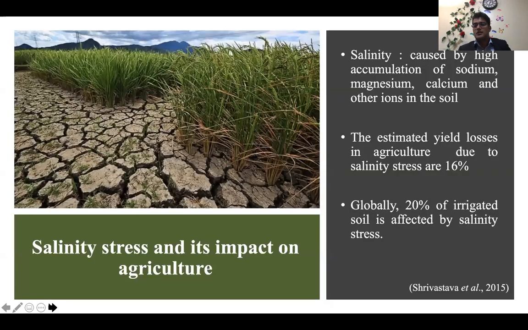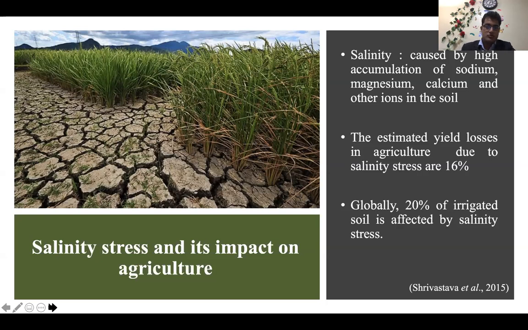So salinity is mainly caused by a combination of sodium, magnesium, calcium, and other ions in the soil. It has estimated losses in agriculture. Yield losses in agriculture due to salinity are 16%. Globally, a lot of land is affected by salinity stress. 20% of irrigated soil is affected by this stress.